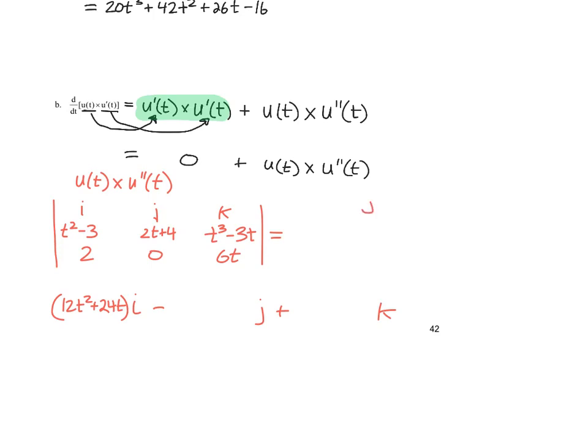For the j calculation, I'm doing 6t cubed minus 18t minus the upward product, 2t cubed minus 6t, and then I could put the result in here. So 4t cubed, and then it'll be negative 12t.